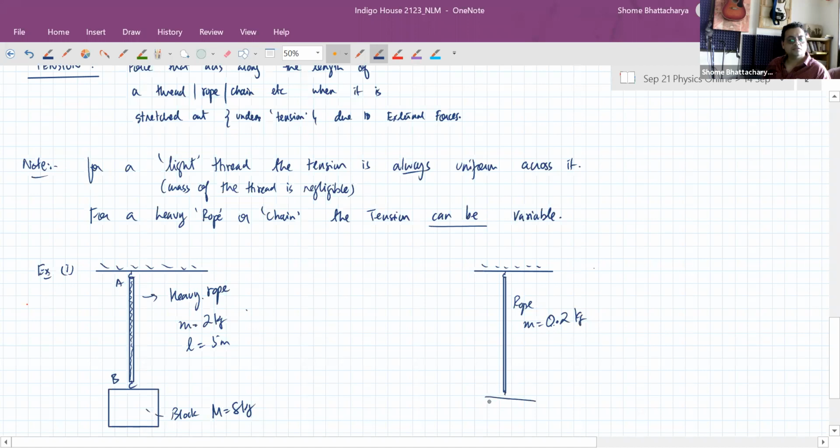And in turn, the weight of the block is much more now. I replace this with a heavier block with a mass of 9.2 kgs, or 9 kgs and 200 grams. Okay. And same length.